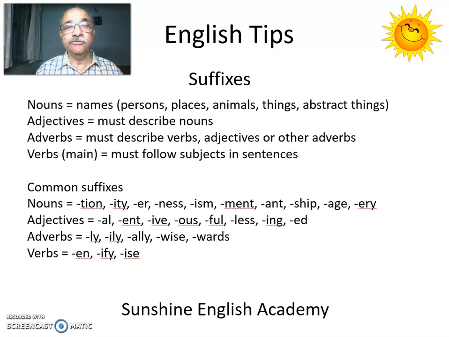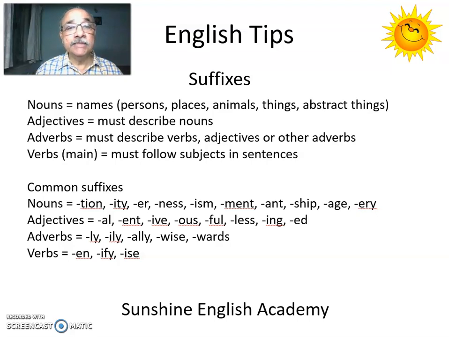Before we proceed further, let's quickly look at what are nouns, adjectives, adverbs, and verbs. So, what are nouns? Nouns are names, and these could be names of abstract things also. Something like education. It's an abstract noun.